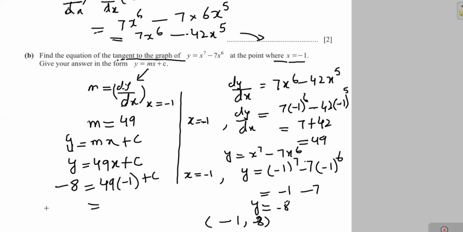This value becomes minus 8 plus 49 equal to c. Therefore, c will be equal to 41. Therefore, the equation of the line becomes y equal to 49x plus 41. This is the equation of the tangent.